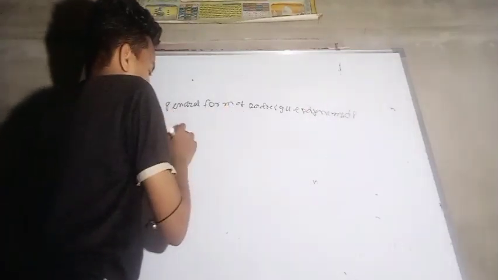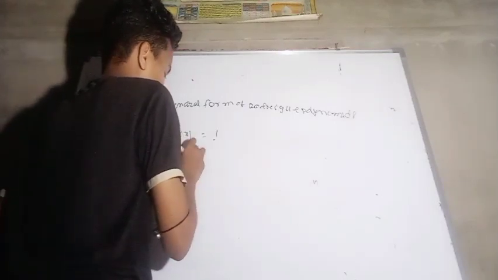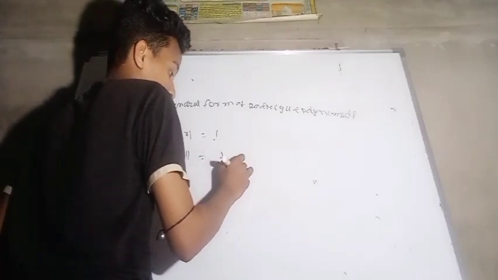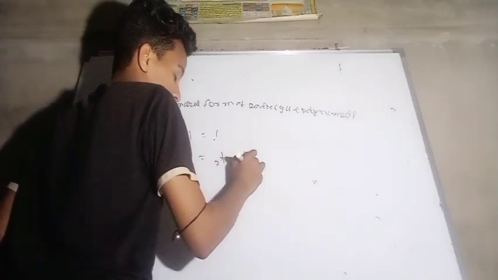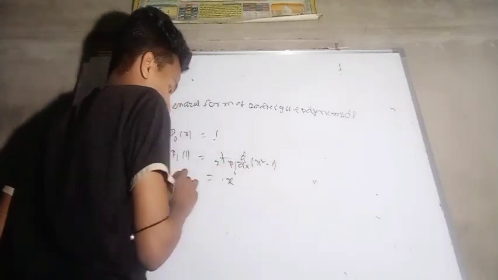So P0 equals what? P0 equals 1, obviously. P1 equals, we know, 1 by 2 to the power 1 times 1 factorial, d by dx of (x squared minus 1), which gives us x.